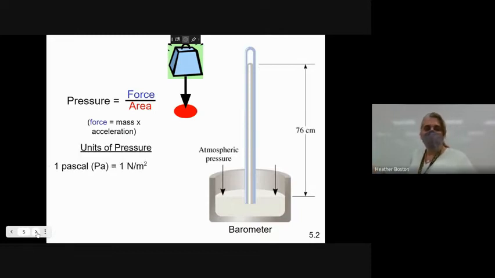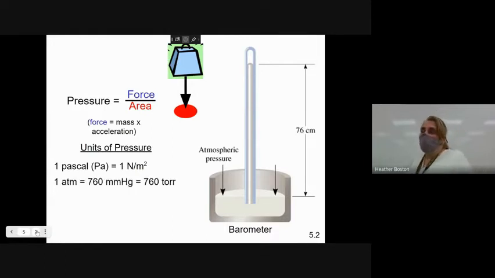Our units of pressure. Let's relate it to physics. A Pascal is what's called a Newton per meter squared. A Newton is a kilogram meter per second squared.